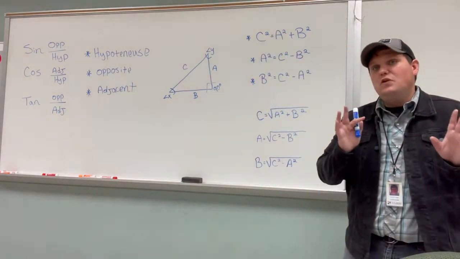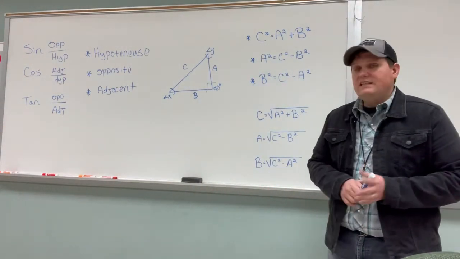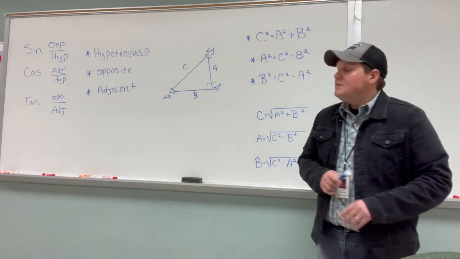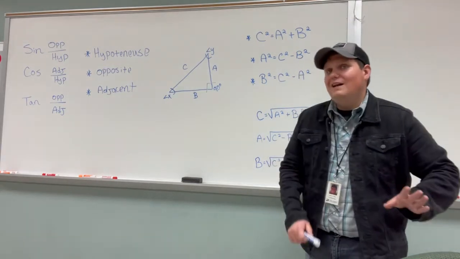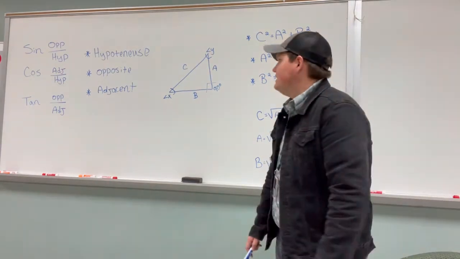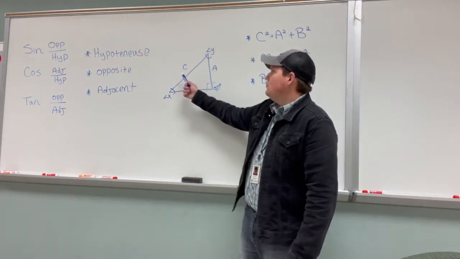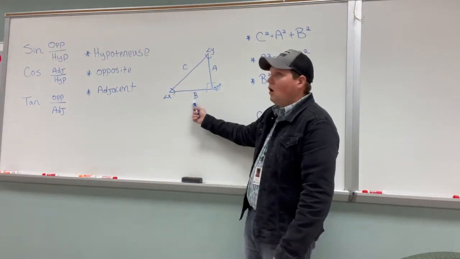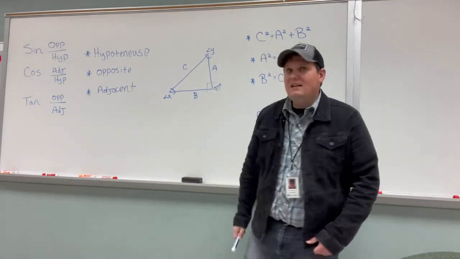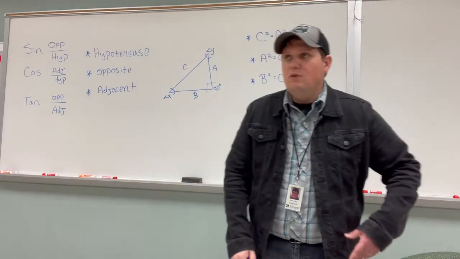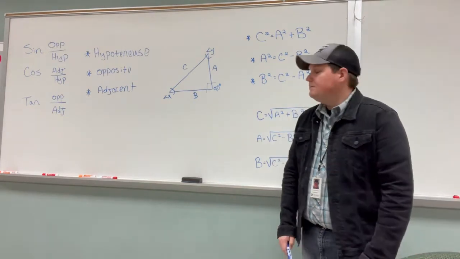So for now, we're gonna label those sides C, A, and B, but slowly we're gonna start integrating electrical quantities in its place. So this will become Z, this will become R, and this would become X subscript L, which represents electrical quantities.